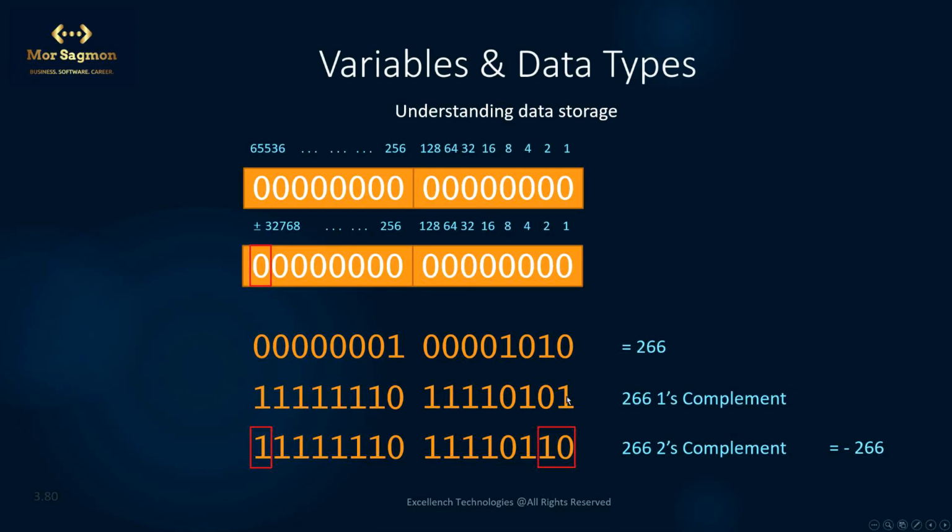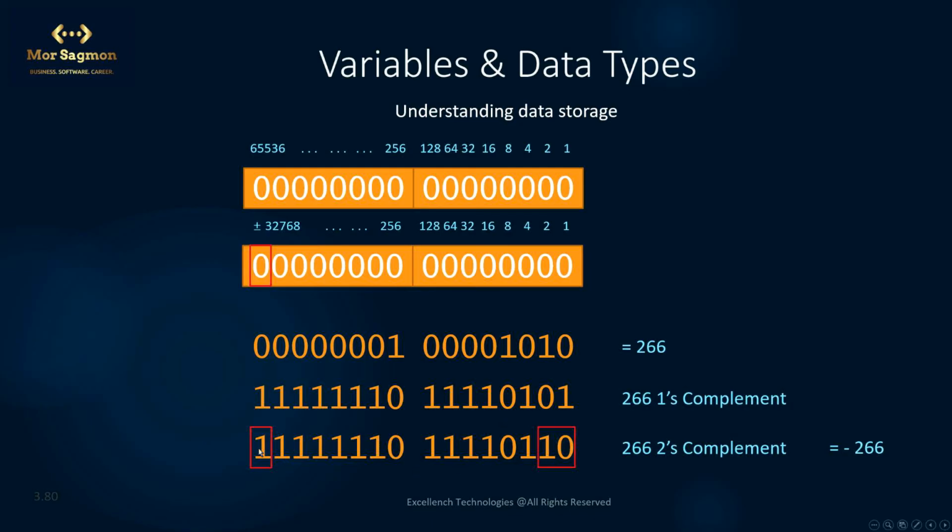Since it's not 0, we continue to the next bit from right to left, which is 0. So now we've encountered our first 0. What we do now is flip that 0 to 1 and the previous 1 to 0. So as you can see, these 2 bits were flipped back to what they were originally by just adding 1 to the ones complement. And our leftmost bit is turned on, which tells us that this represents a negative number.